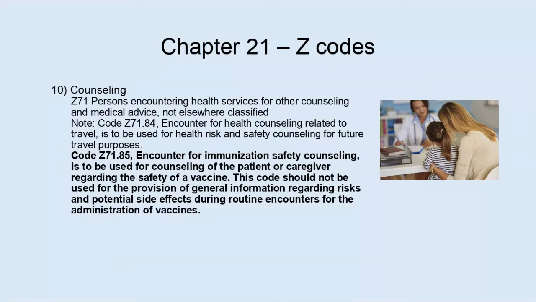This code should not be used for the provision of general information regarding risks and potential side effects during routine encounters for the administration of vaccines. So Z71.85 would be for patients who are vaccine hesitant, not just routine coming in for a shot.